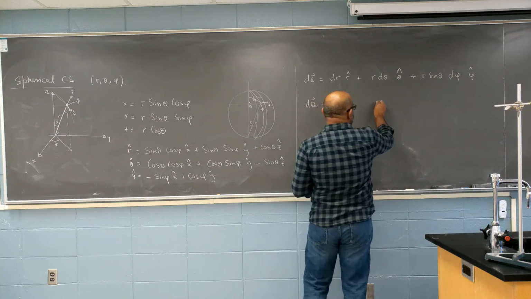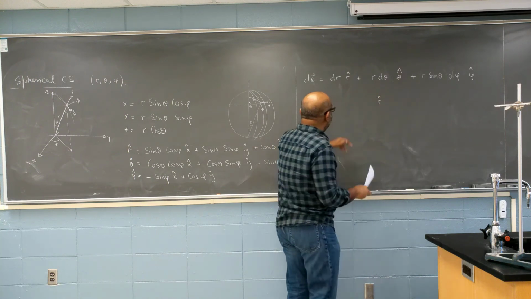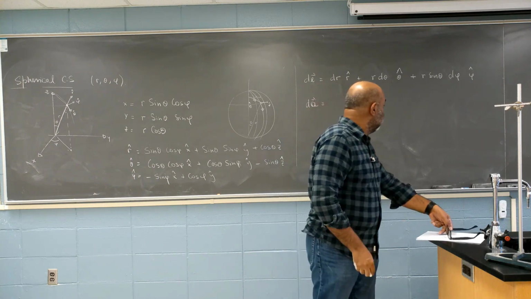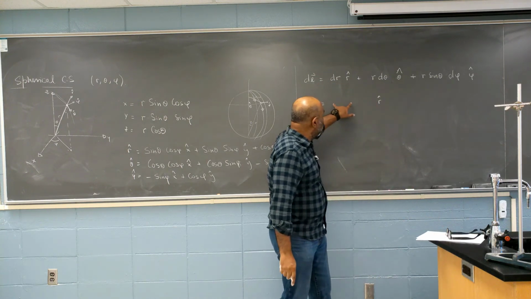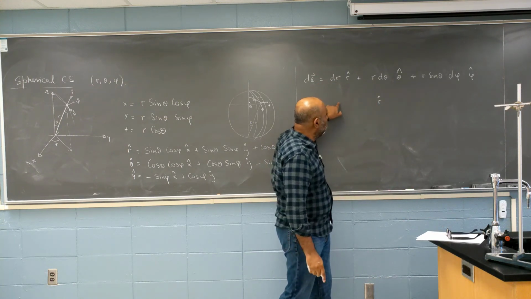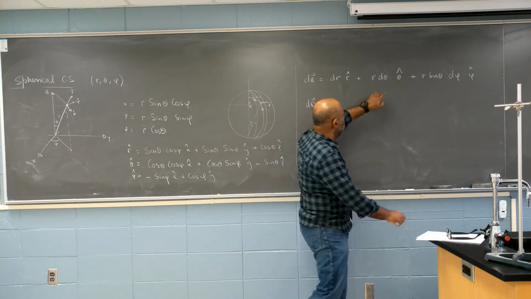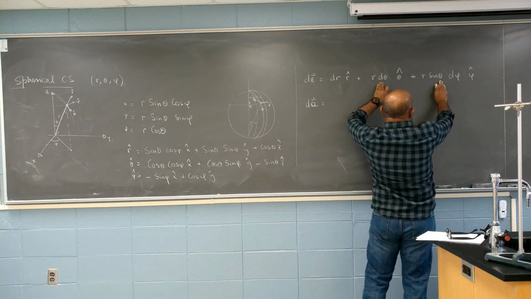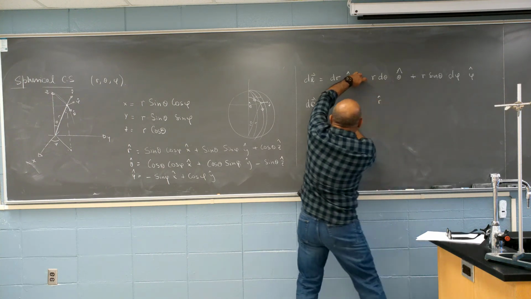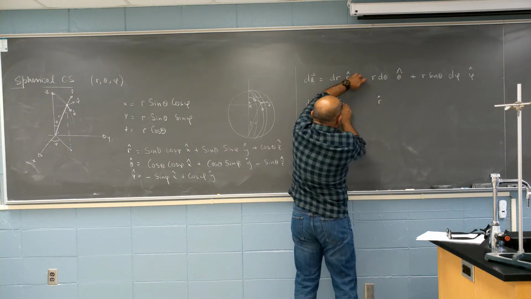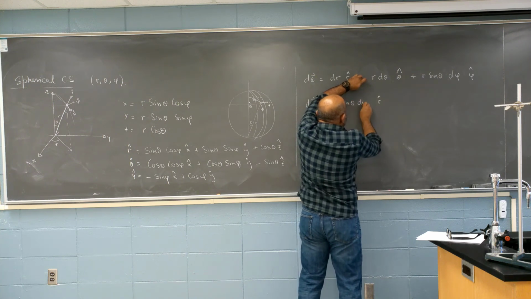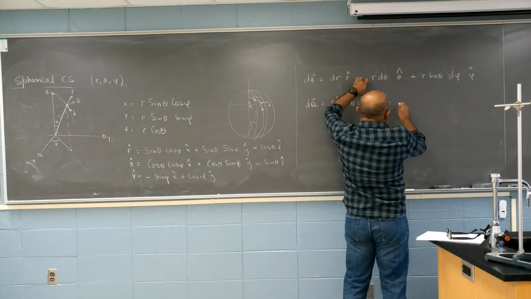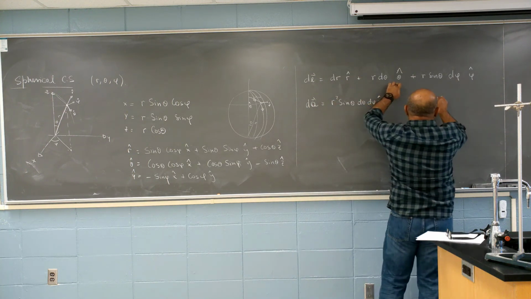So actually, you guys tell me. This is R, and this is the last thing I'm doing, so please bear with me. This is my R. So what are the two things that I'll need from here? dr, no, the other two. R dtheta, R sine theta dphi. So I have R squared sine theta d theta d phi. Then I have theta hat.